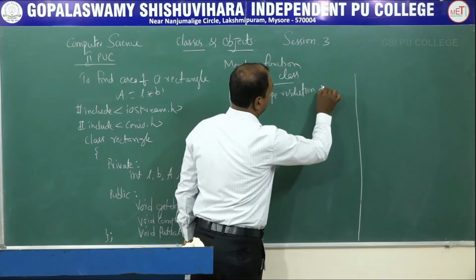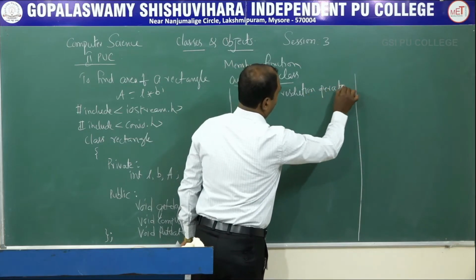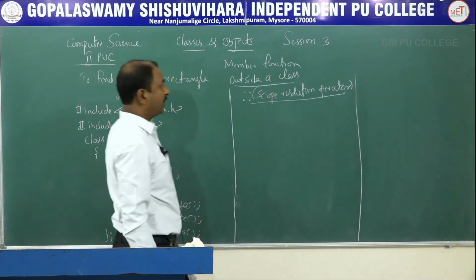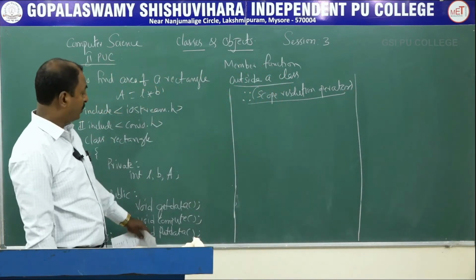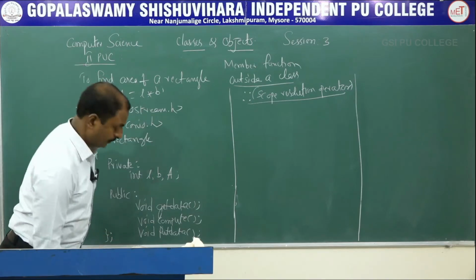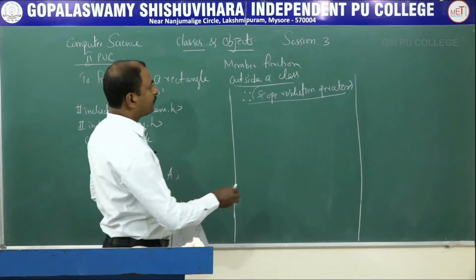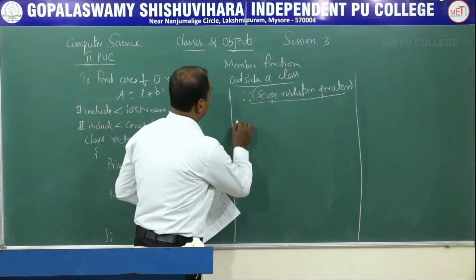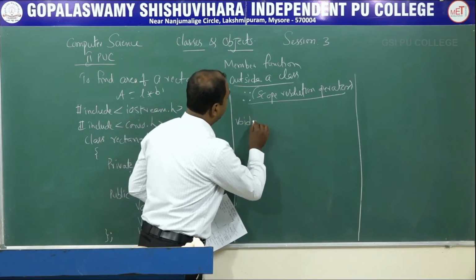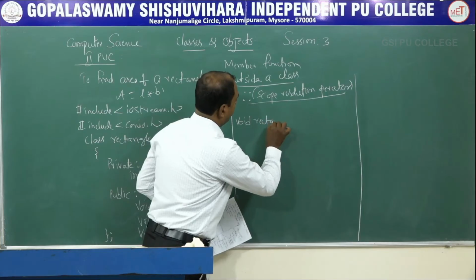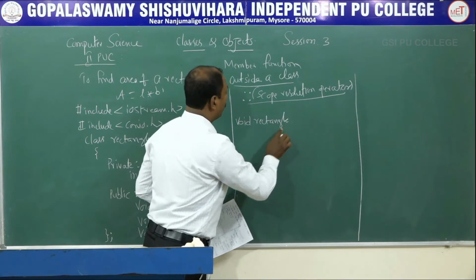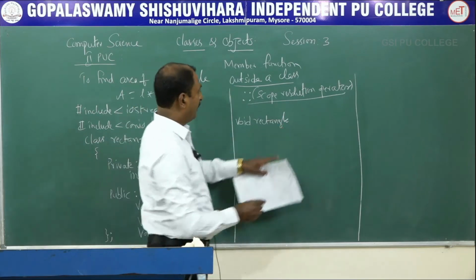With the help of this we are defining a function outside a class. How do we do that? Here first is void rectangle, the name of a class.